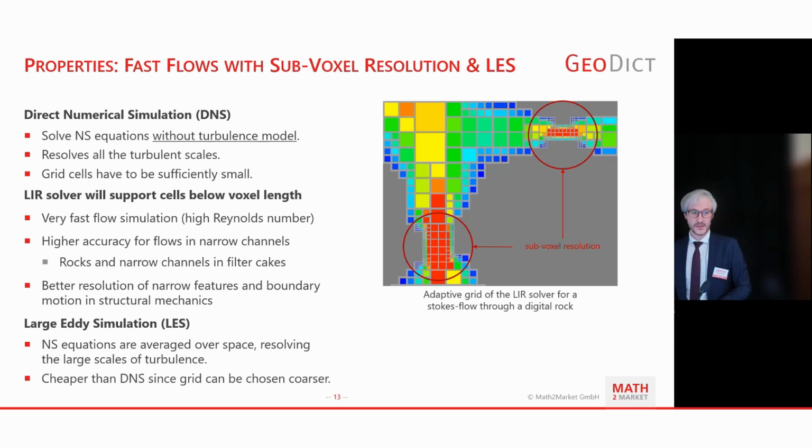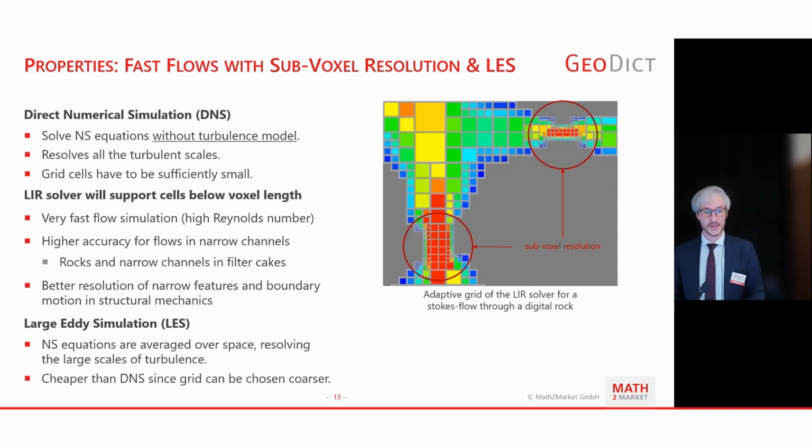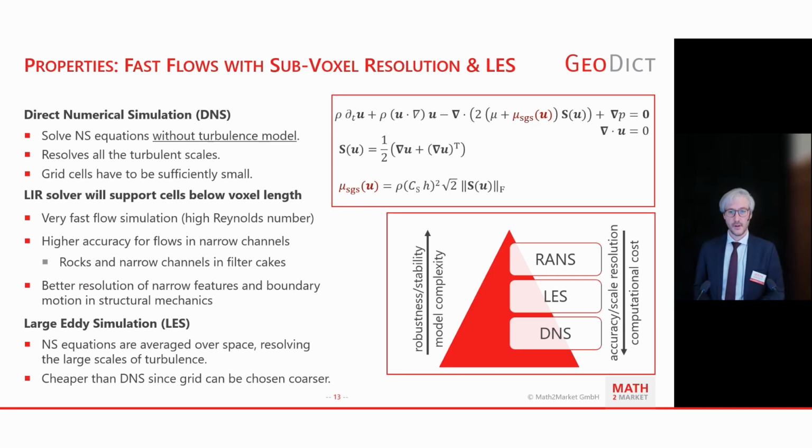We are also working on large eddy simulations, because these are much cheaper than a simulation on a finer grid. Here you see the large eddy simulation, the LES, in a little sketch.